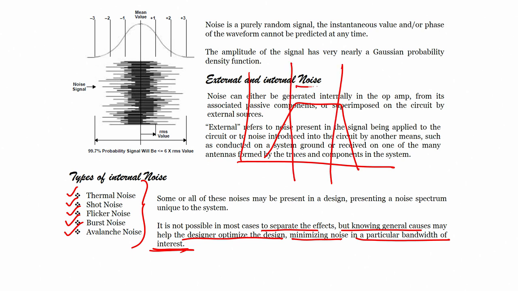So, at least in this particular band we can optimize the design in such a way that the noise is minimum. This is just an example that the circuit designer can optimize the design such that the noise is minimized.